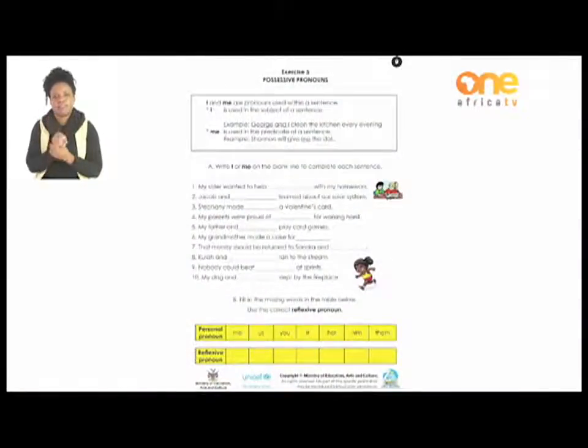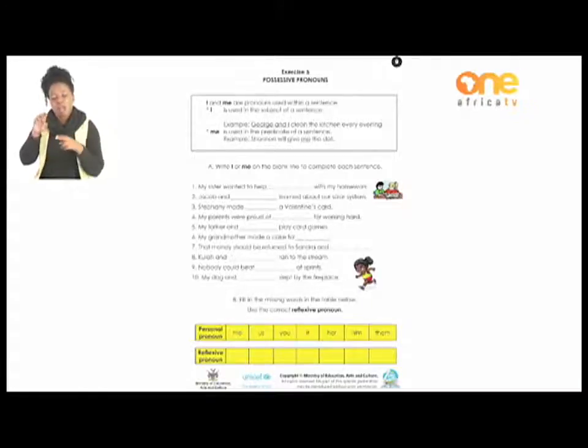On page 9, there is exercise 5. Exercise 5 falls under possessive pronouns. Now, there is an example that is given to you in the box. The example is I and me are pronouns used within a sentence.